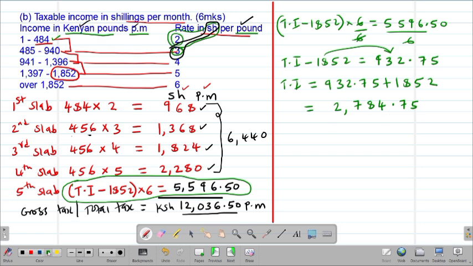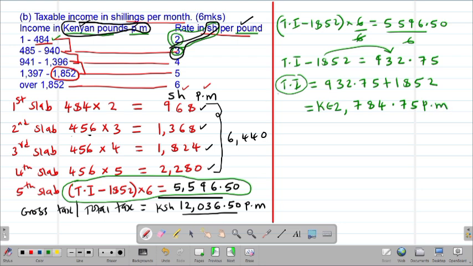Then another point to note, the taxable income will always be in the units of the table. Remember, before we start the process of taxation, we usually ensure that the taxable income is rhyming with our table. Our table was in Kenyan pounds per month. Therefore, it means that our taxable income that we've gotten here is also in Kenyan pounds per month.